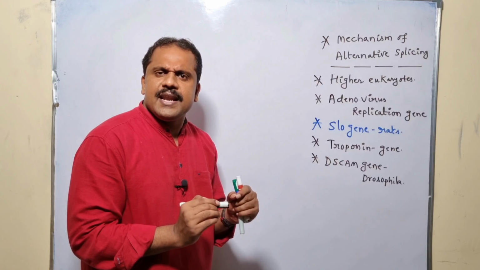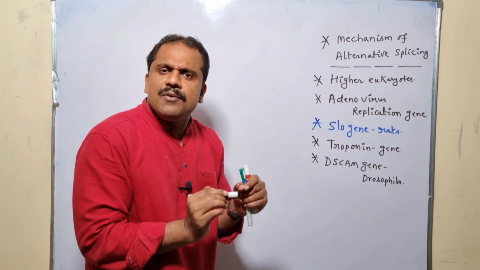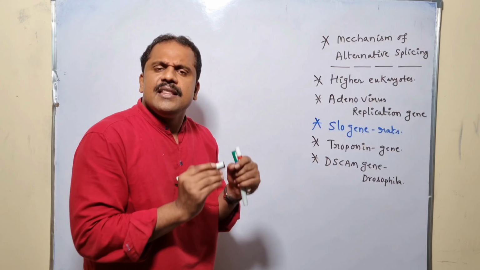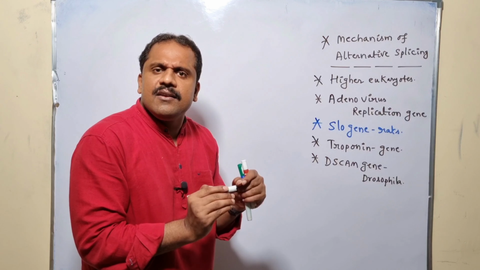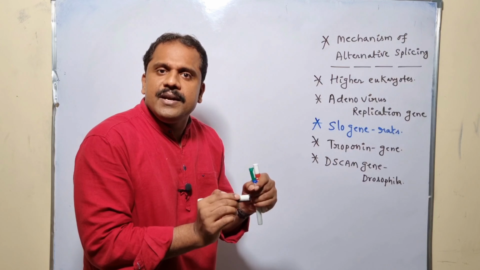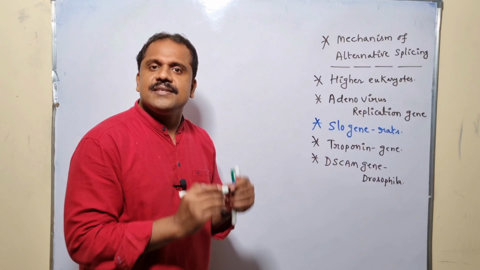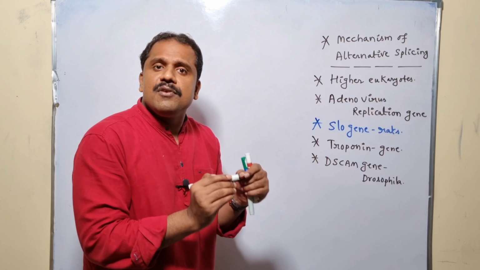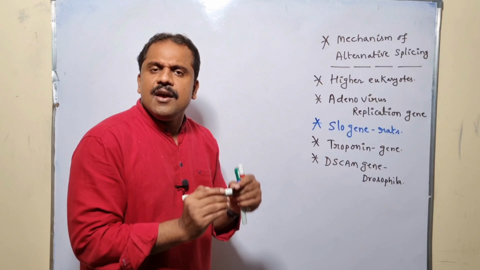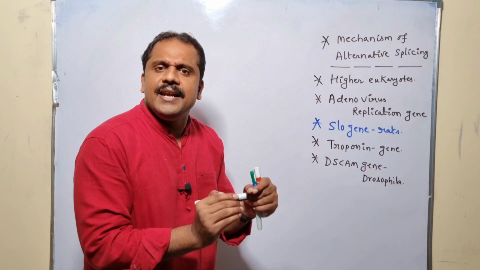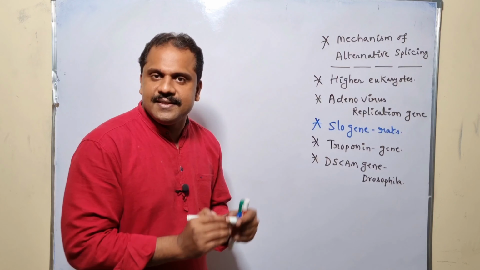The primary transcript consists of both the coding sequences and the non-coding sequences. The non-coding sequences are the introns, which are a part of the primary transcript. They undergo splicing. Once the non-coding sequence or the intron undergoes splicing, from the primary transcript a mature RNA or intron-free RNA is successfully synthesized.